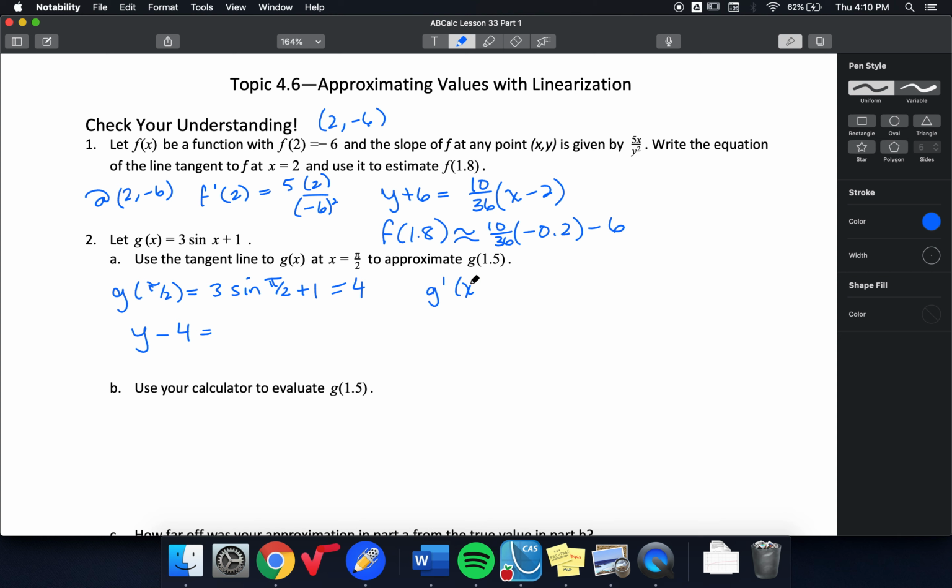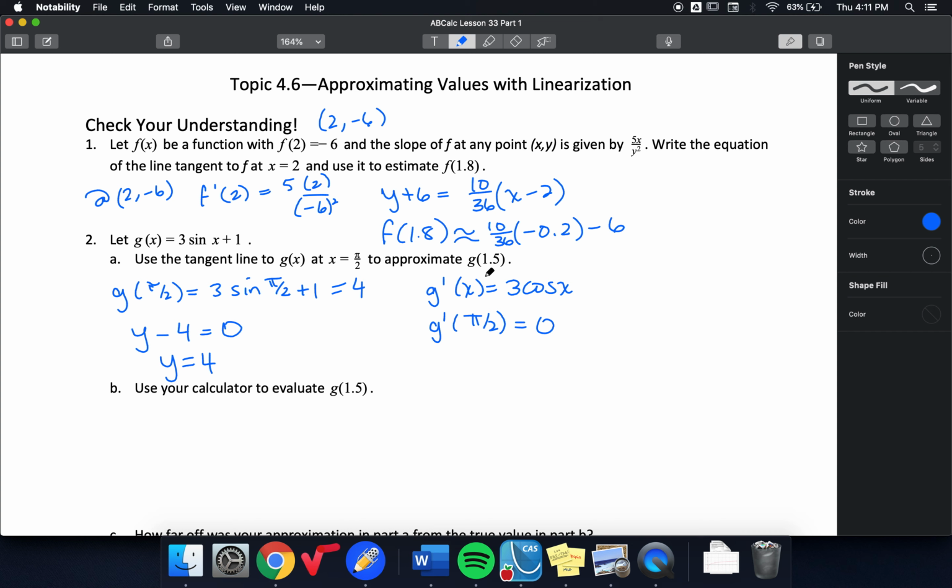So g prime of x: the derivative of sine is cosine. The derivative of 1 is 0. So my slope at pi/2, 3 cosine pi/2, is 0. So y minus 4 equals 0. So that tells me that I have a horizontal tangent at y equals 4.